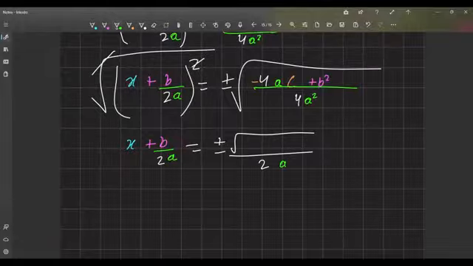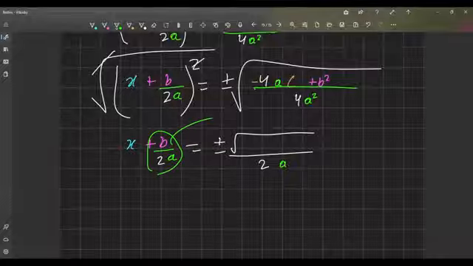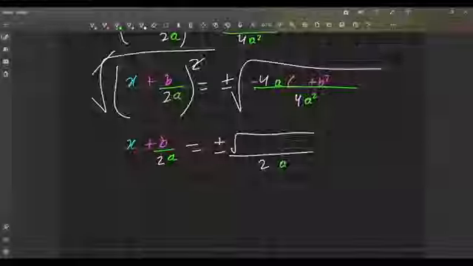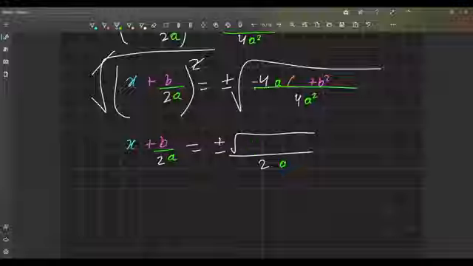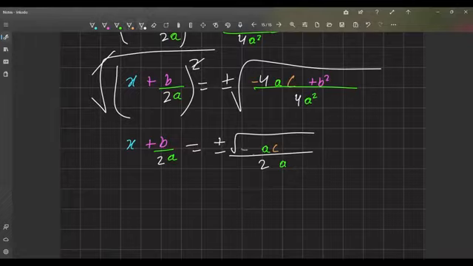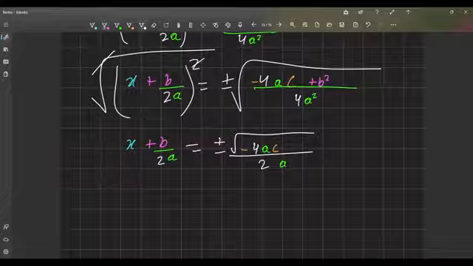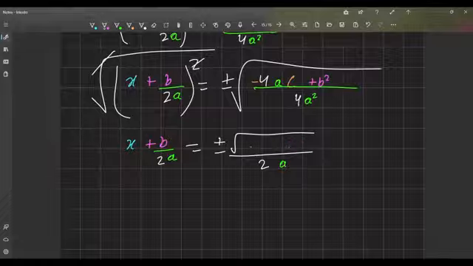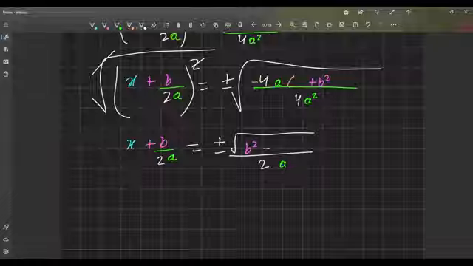Okay, so in that way, when I'll eventually take this to the other side, I'll just directly add it and I won't have to take the LCM. And now what we get inside is a c with a negative and a 4, so it is negative 4ac plus b square. Now I can rewrite it as b square negative 4ac.